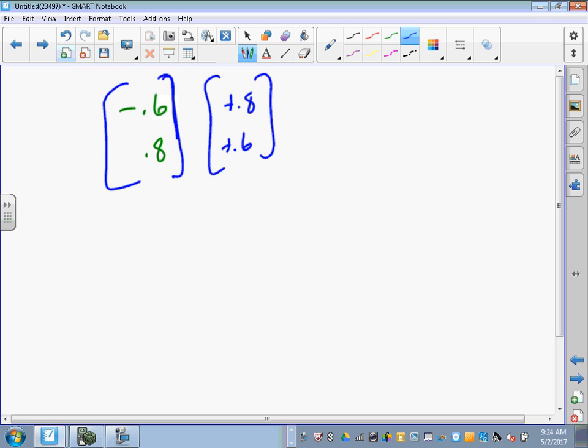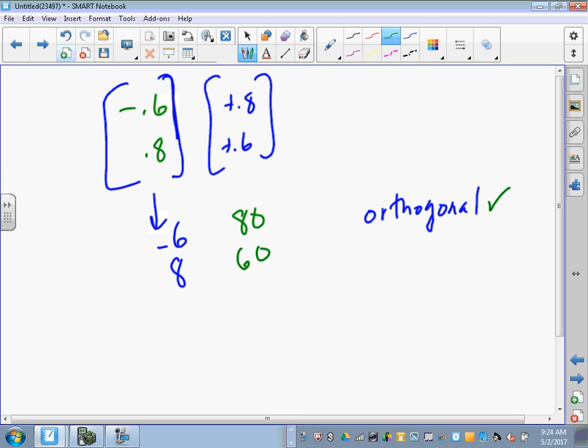These are still orthogonal. If I change one or both of them to negative 6, positive 8, and I can change that to 80 and 60, that's still orthogonal, but definitely not orthonormal, right? Orthogonal, but not unit vectors. No longer unit vectors.